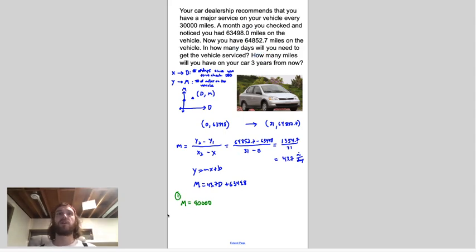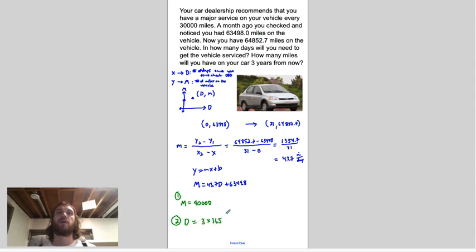The second question is asking how many miles will you have on your car 3 years from now? Let's assume it's 3 years from now, so 3 times 365.